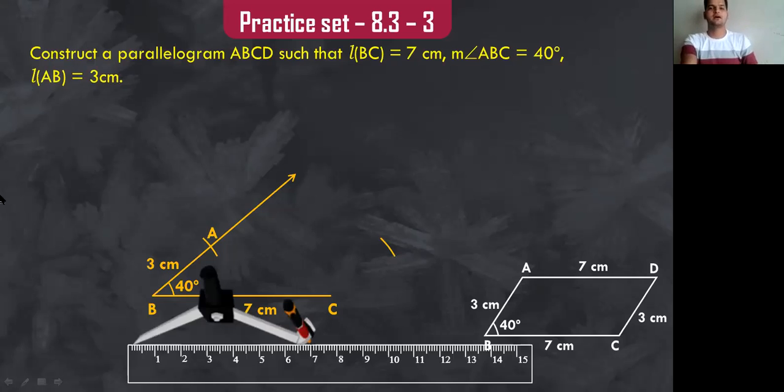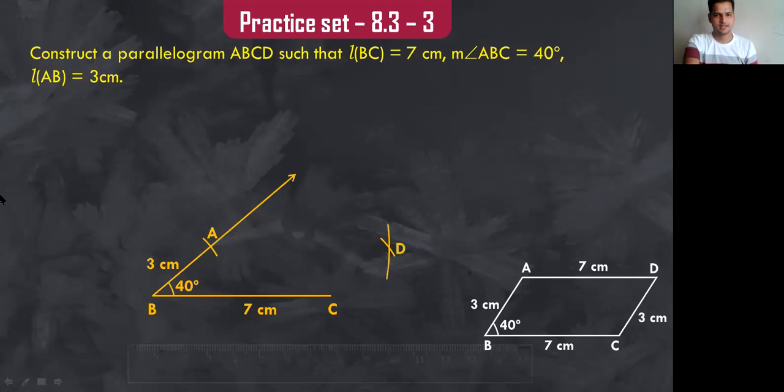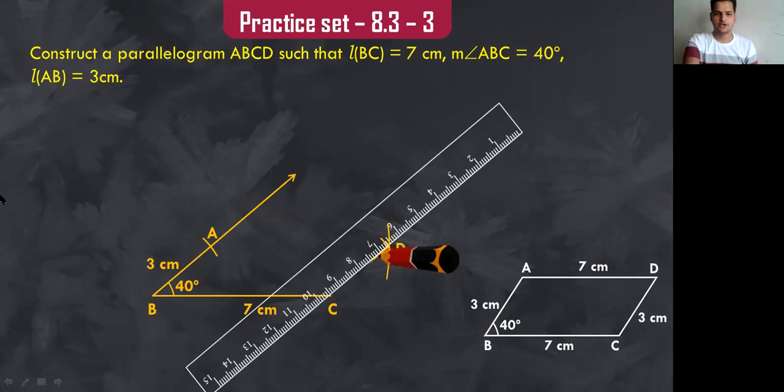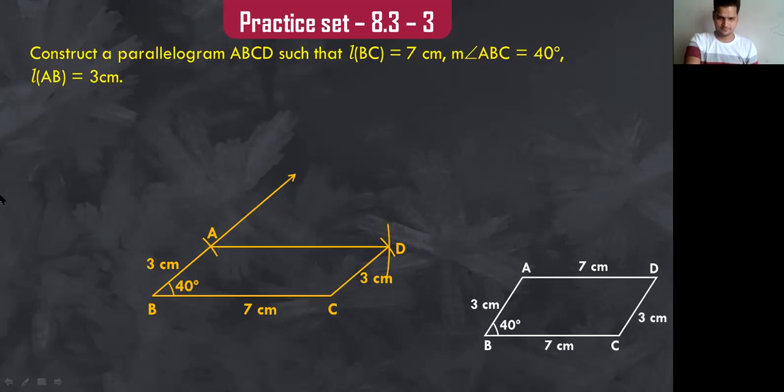So we'll take a measurement of 7 centimeters on the compass, place it on point A and draw the arc. And as usual, join the two sides AD and BC. In this way, we complete the construction of parallelogram ABCD. Kind of an easy sum? Yes.